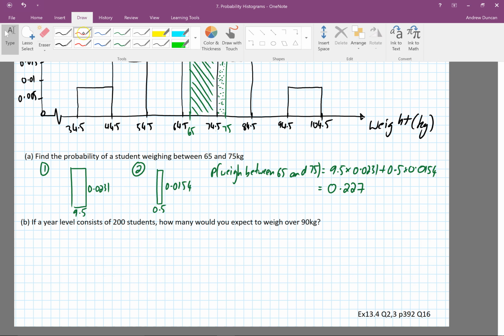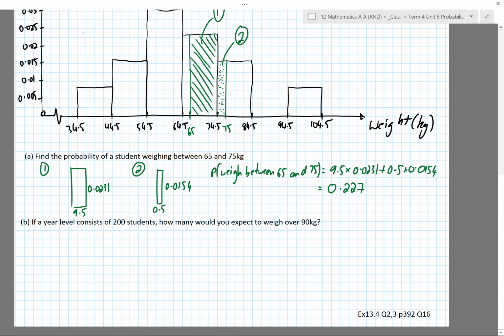Okay, let's have a look at the next example. If a year level consists of 200 students, how many would you expect to weigh over 90 kilos? So I'll first need to find the probability that a student weighs over 90 kilos. I'll find where 90 is, so roughly here, and find the area of all the things to the right of that point.